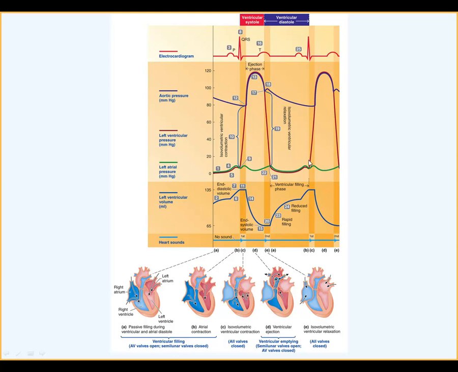It's the area between the closure of the AV valves and the opening of the aortic on the left and the pulmonary on the right. It's the area between these two events. We call that isovolumetric contraction phase.